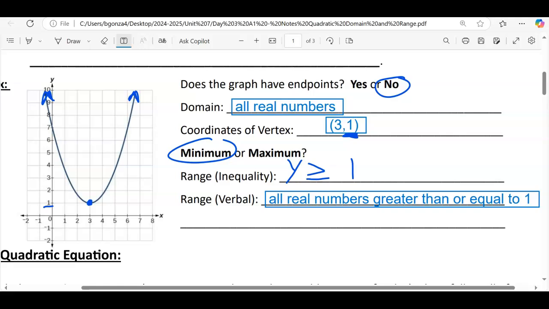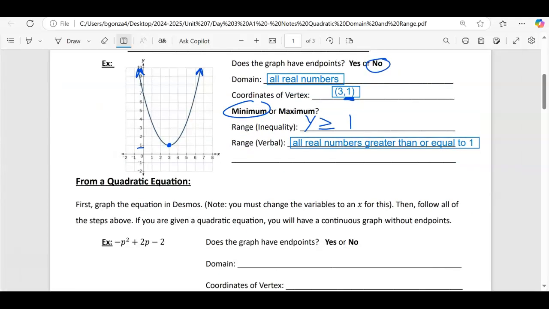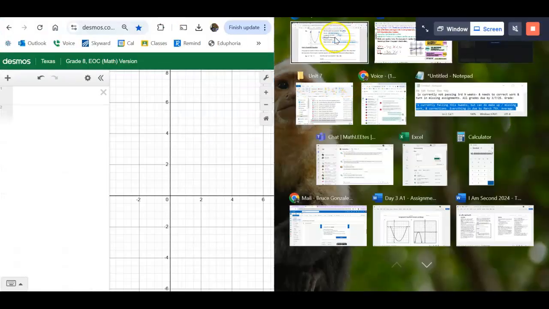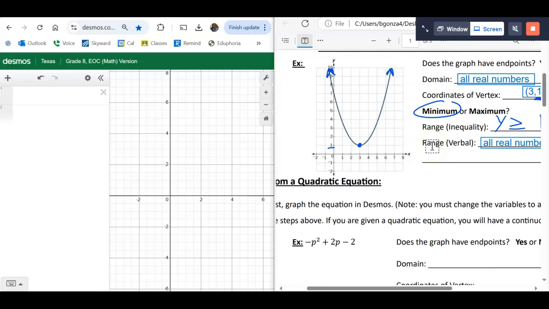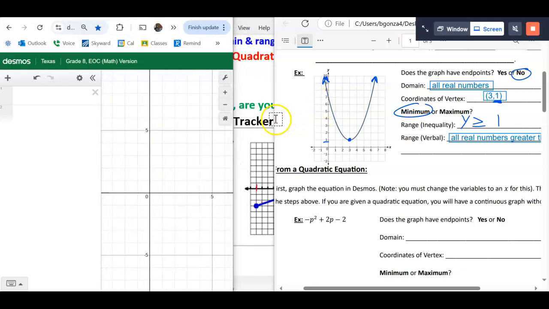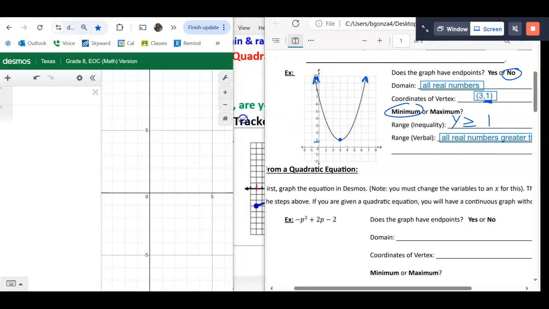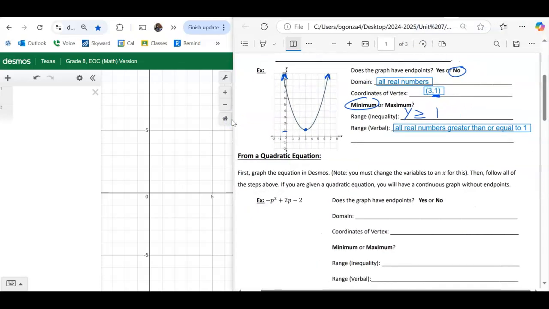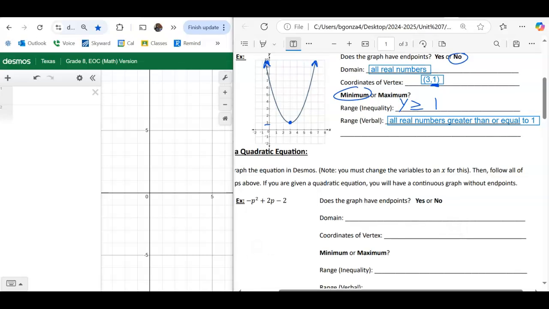Okay, that is no endpoints. What about if it gives you a quadratic equation with no graph? So let's get our graph here. So if that's what we have, all right.